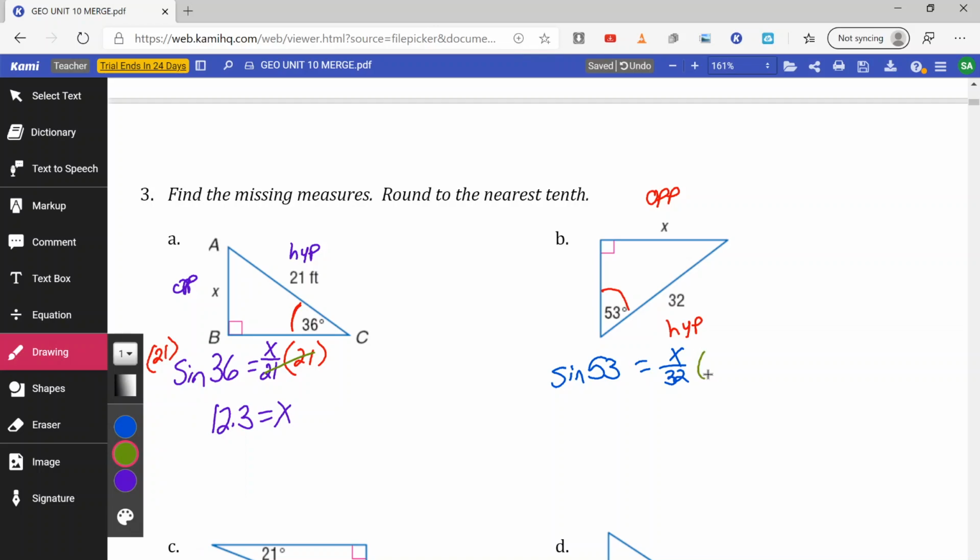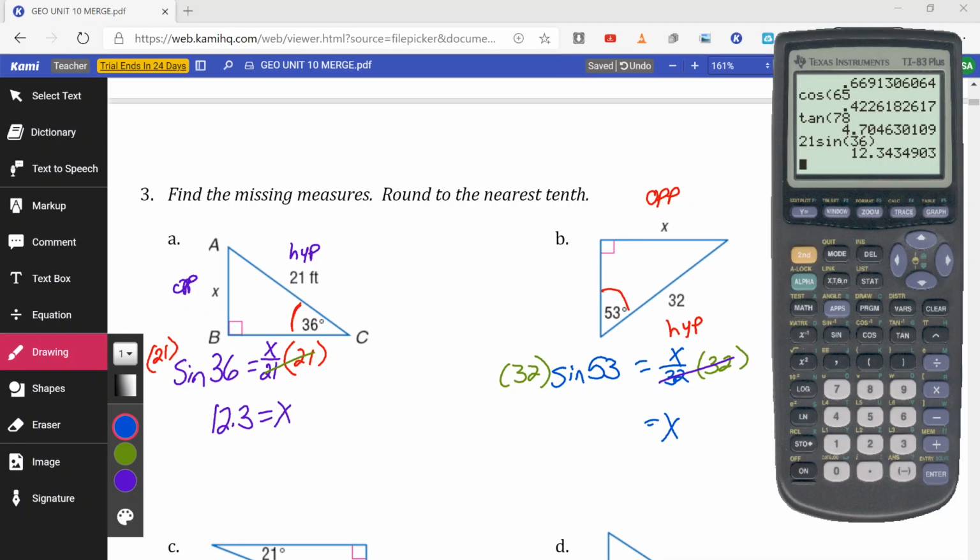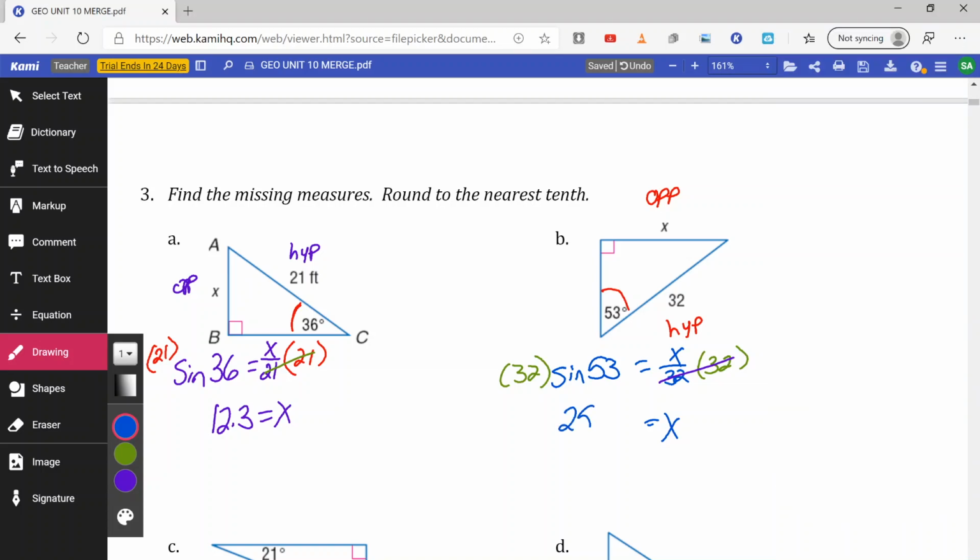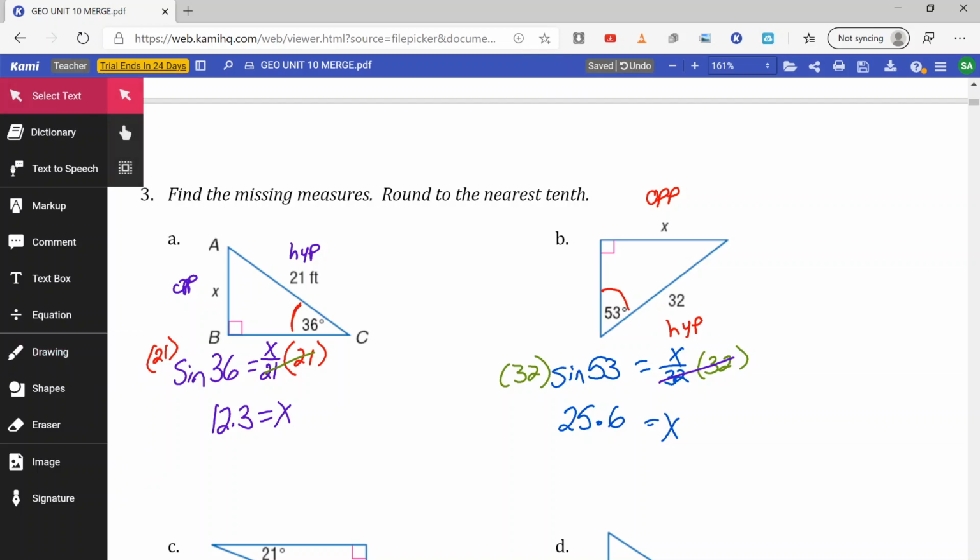I want x by itself, so we'll multiply both sides by 32. So what that does is it cancels on this side, leaving me with just x. And then we'll multiply this in our calculator. 32 times sine 53. Rounding to the nearest tenth means we have 25.6 for a value of x.